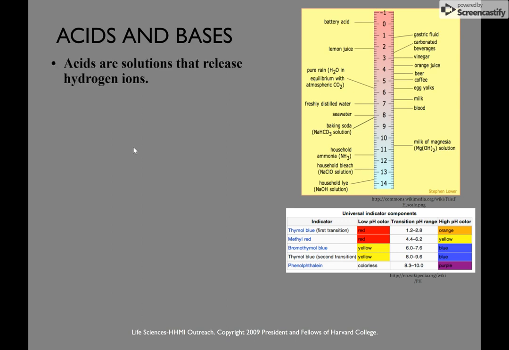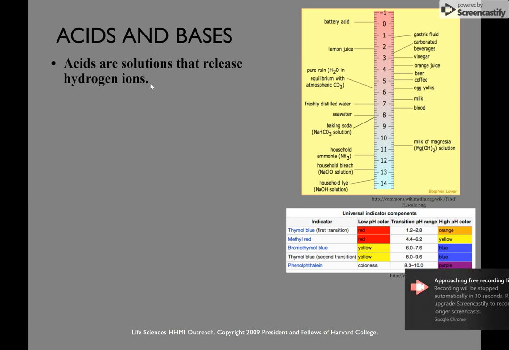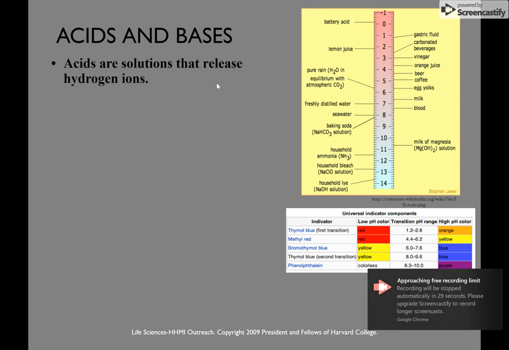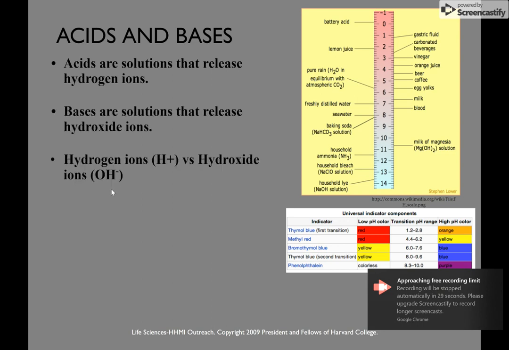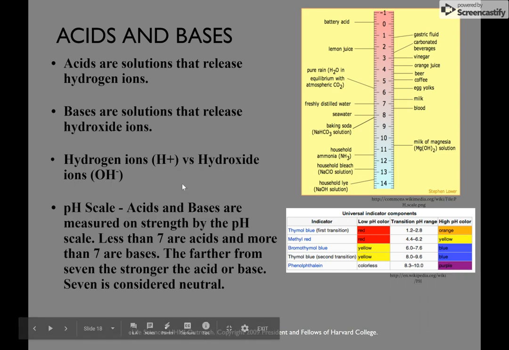Acids and bases are solutions, and when you mix them with water, acids release hydrogen ions. Bases release hydroxide ions. And the scale is 0 to 14, and acids are on the lower half of the scale, less than 7. Bases are higher than 7.